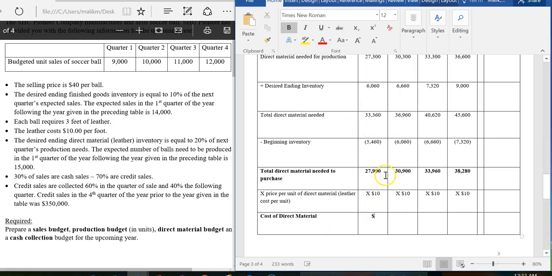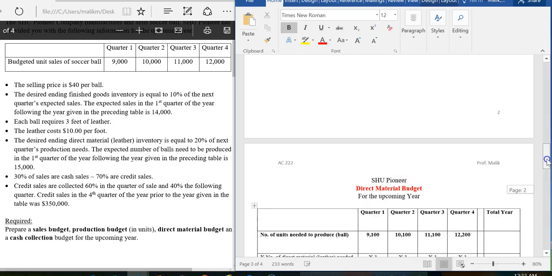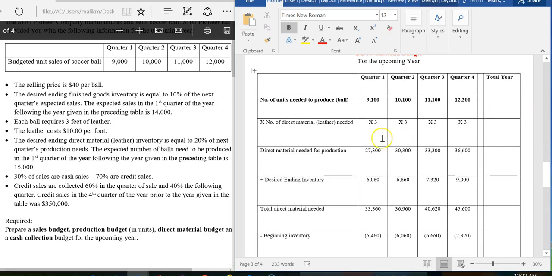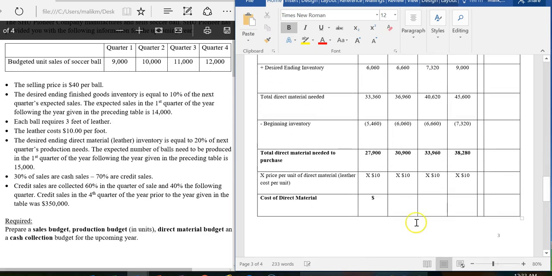You see, up to this point everything was in units. First we started with the number of balls, then we converted it into feet of leather, and in our last row, multiplying by this cost, the last result is in dollar value.